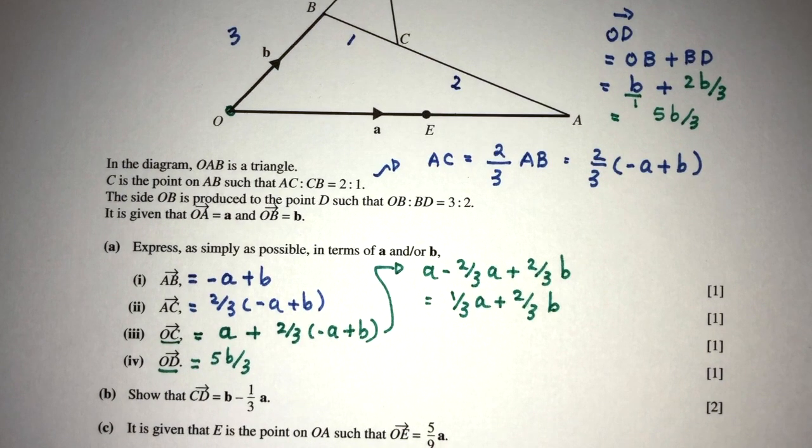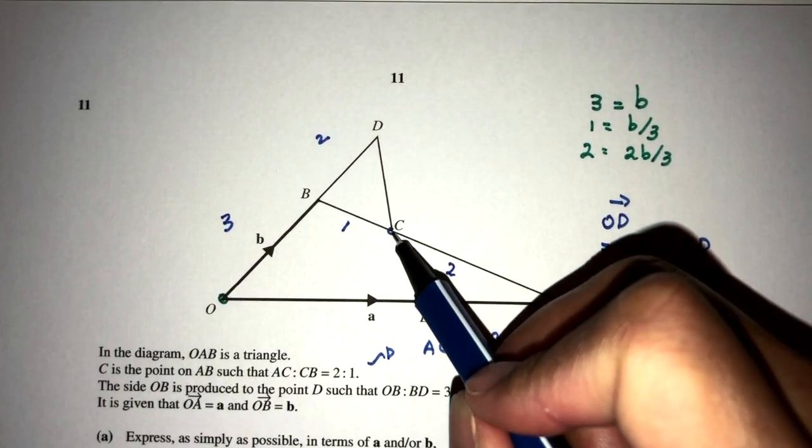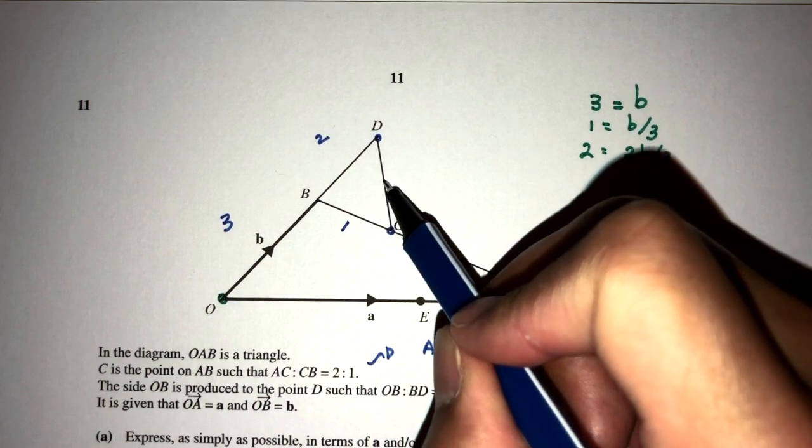Now for part B, we have to show that CD equals b minus 1 over 3a. Where's CD? From the point C, we have to go to D in this direction.